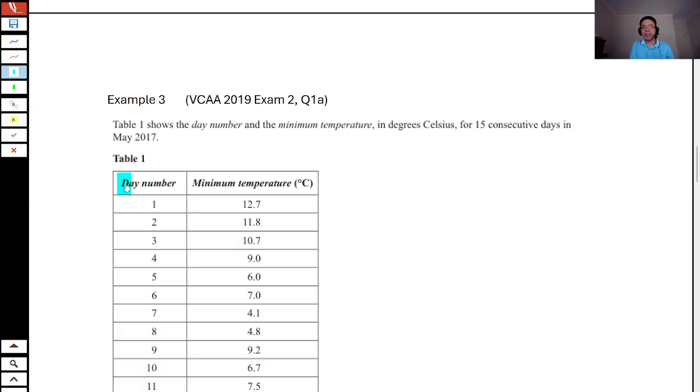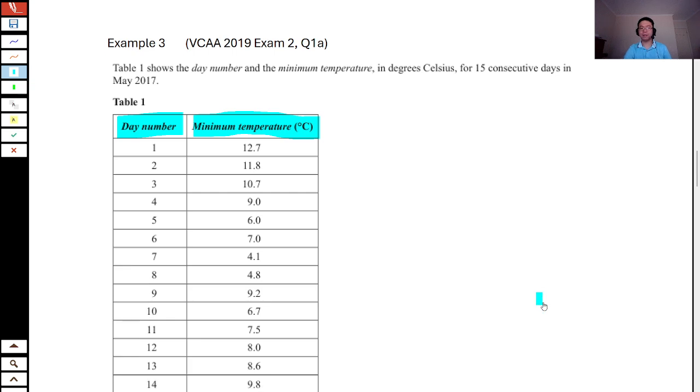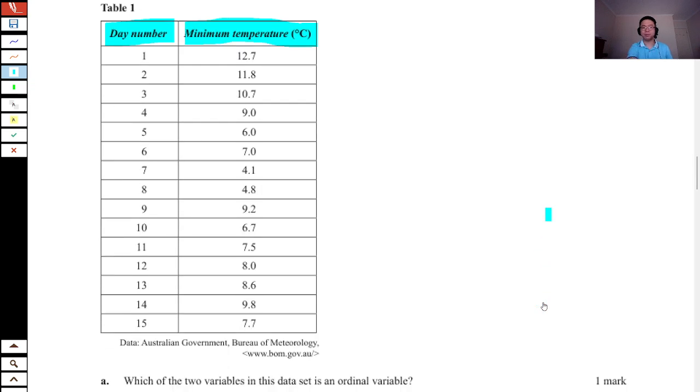We have day number, which is just a whole number, and temperature, measured in degrees Celsius. And we have the data for 15 days. Okay, so that table shows us our data. And here's the question. Which one is an ordinal variable?